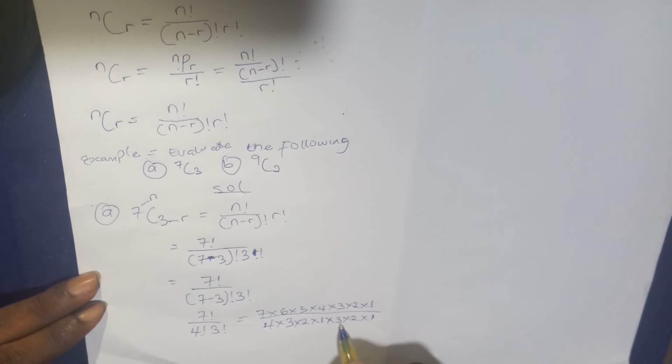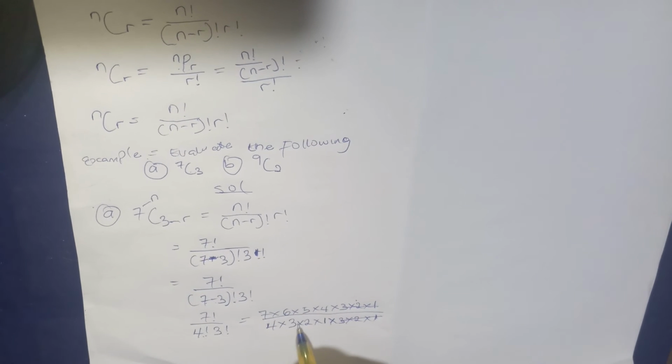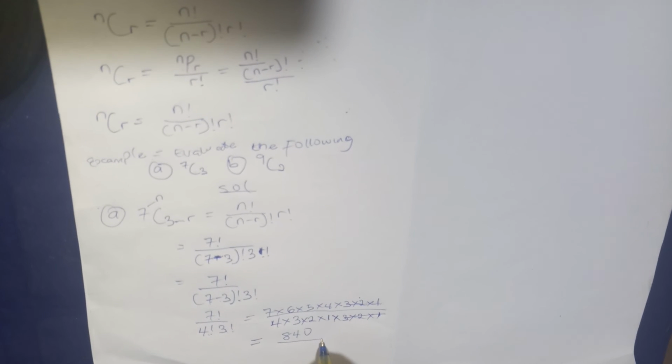We have this in common, so we just cancel out, leaving us with this. Then solving further, we have 840 divided by 24. Therefore 840 divided by 24 will give us 35.